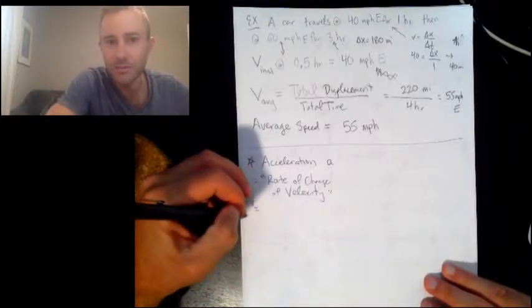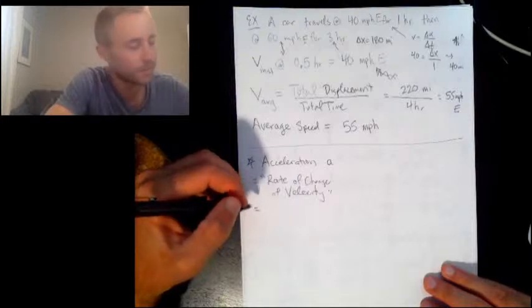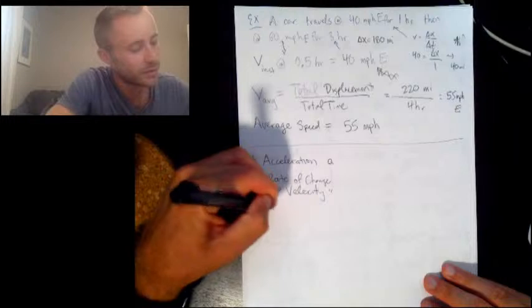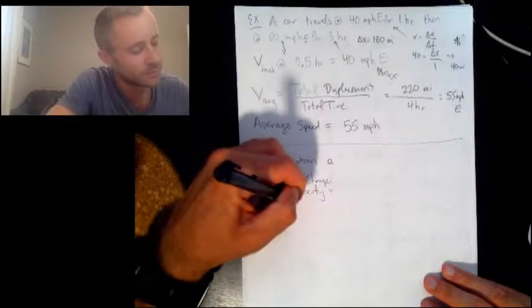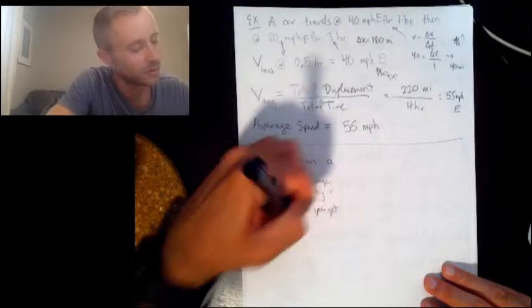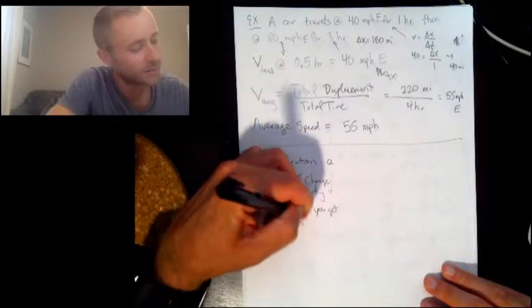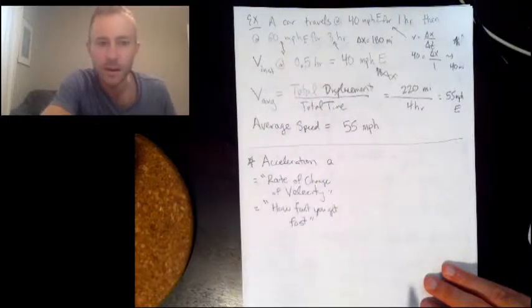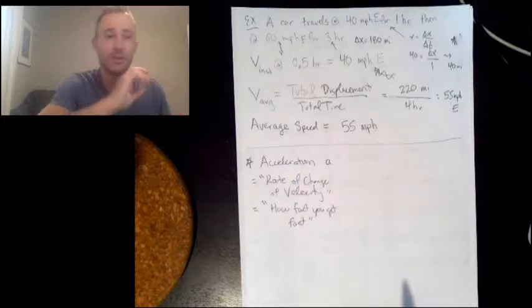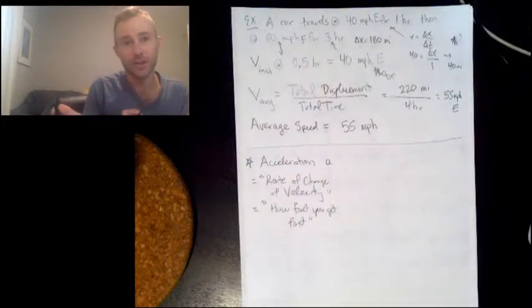When I took physics class in high school, my teacher said that acceleration is how fast you get fast. And that made a lot of sense to me. How fast you get fast. But that's not entirely 100% correct, because there are some other things that also count as acceleration.